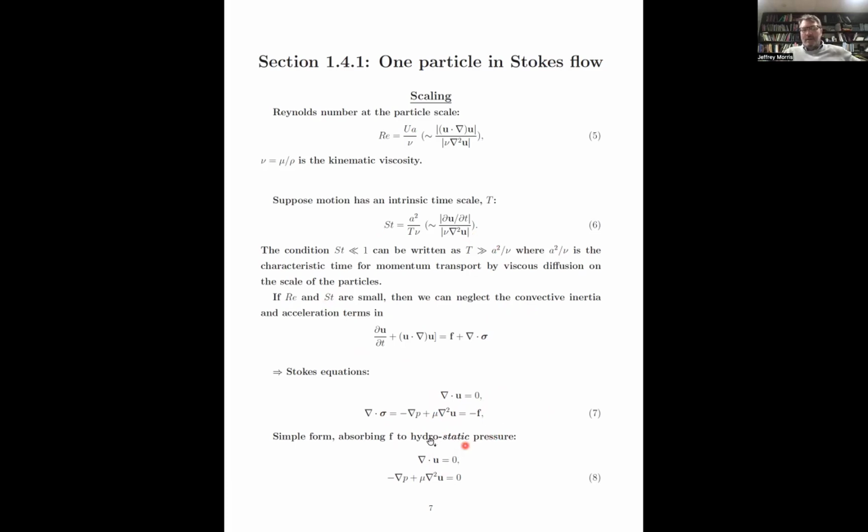I'm going to be considering motions. There's nothing I'm going to be talking about that is about hydrostatics. So I'm just going to absorb the body force into the hydrostatic pressure. And so I will consider the Stokes equations for everything I'm talking about to have this form. And we don't have to worry about buoyancy terms unless the particles are of a different density than the fluid.